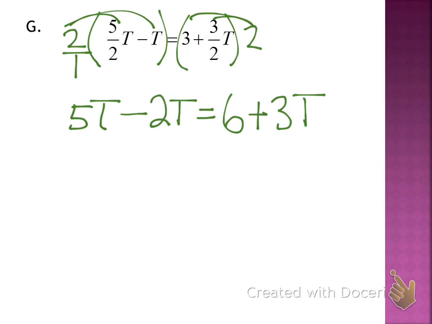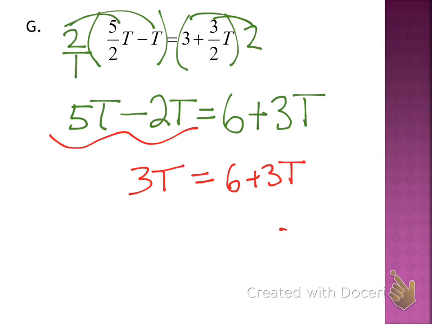All right, right here. That's 3t equals 6 plus 3t. Uh-oh. What happens?